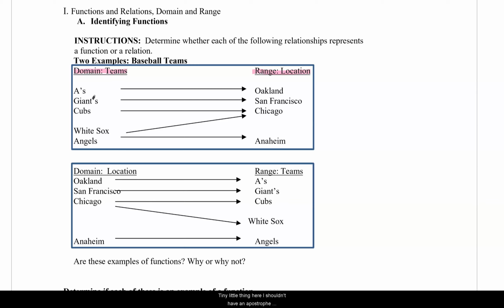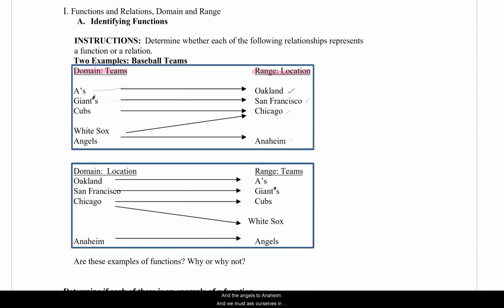Tiny little thing here, I shouldn't have an apostrophe for Giants. And then notice there's an arrow connecting the team to a location. So we've got the A's being connected to Oakland, the Giants connected to San Francisco, the Cubs and the White Sox are connected to Chicago, and the Angels to Anaheim.